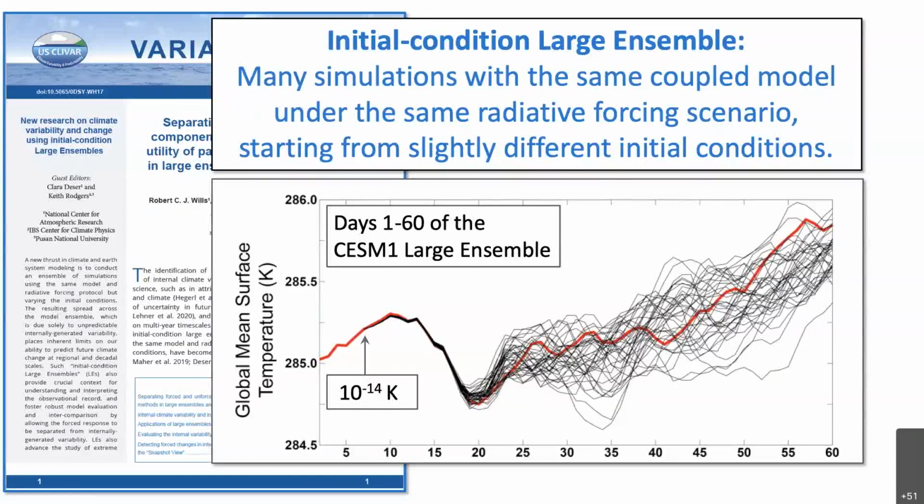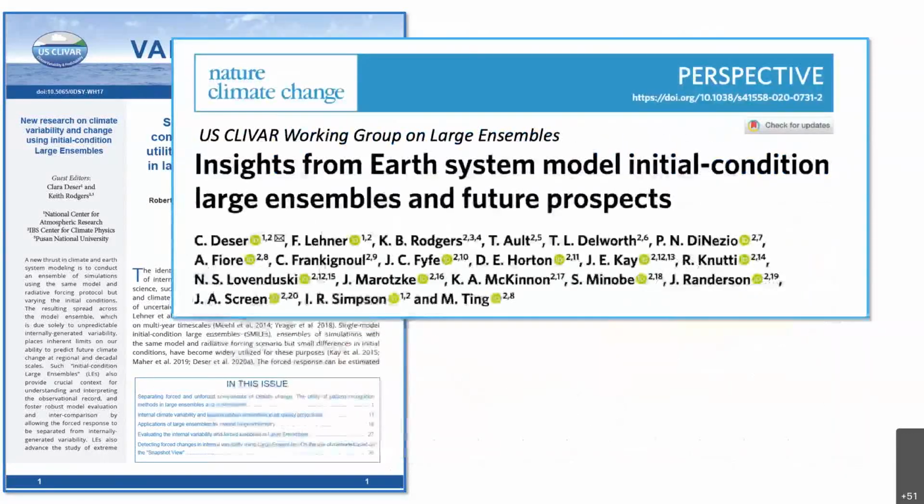You can see that after predictability on the weather time scale fades after 2 to 3 weeks, there's a plume of spread amongst the members, and this then carries over to climate timescales, which represents the source of internal variability that will always be superimposed upon any forced response. Jenny, we can do the next slide, please.